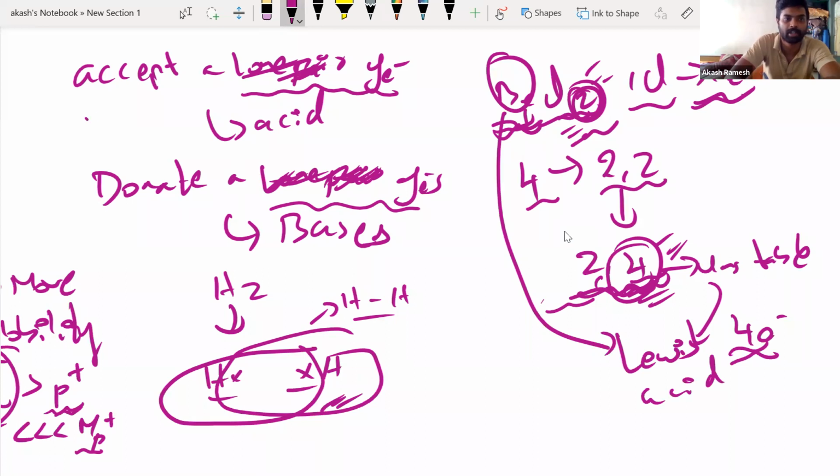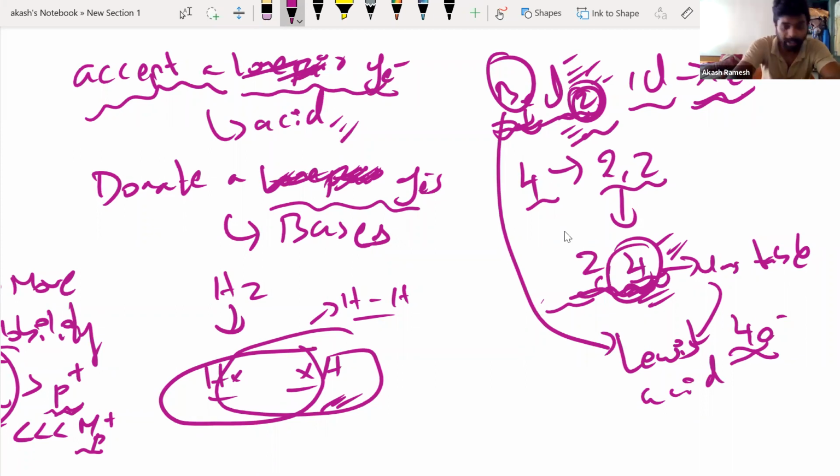Why? Look at this definition: whichever is able to accept electrons is called an acid. Now BeCl2, since the octet is not satisfied, will be able to accept more and more electrons, and that is the reason it is called a Lewis acid.